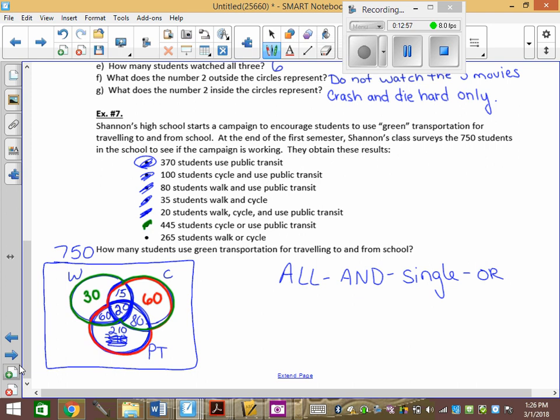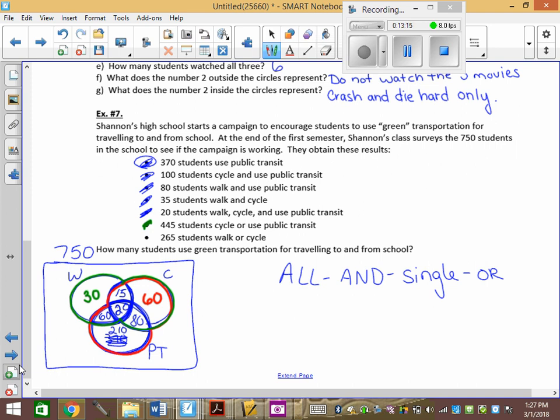Now, this is the last thing that everyone forgets to do. Unless it says all of the students use one form of this transportation, we assume there's probably some who don't, some who drive. They're like, nope, I don't need green stuff. I'm not saving the environment. I'm going to drive my car.